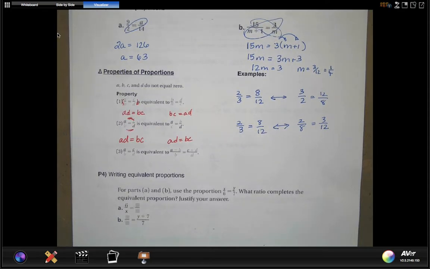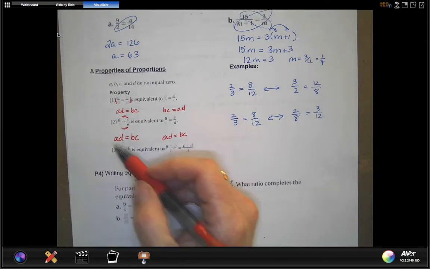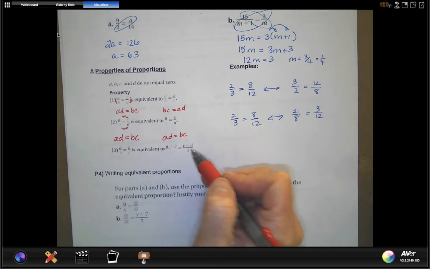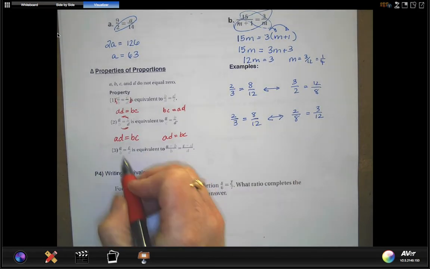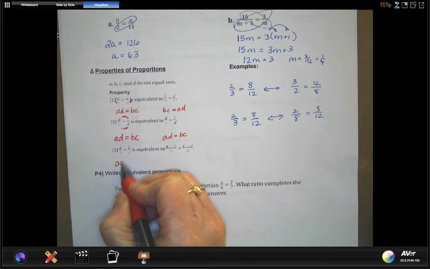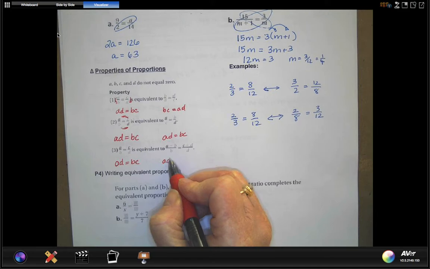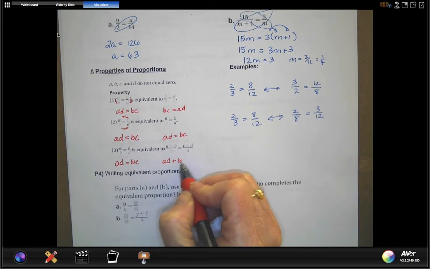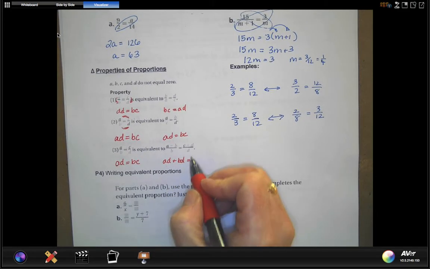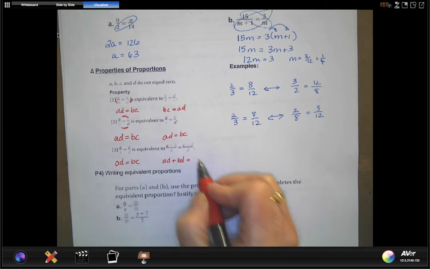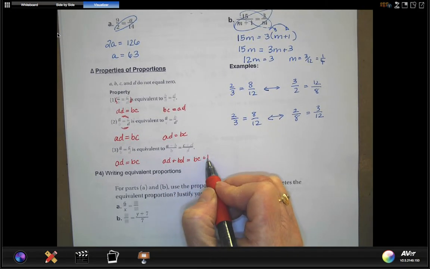All right, this last one here, it says a over b is equal to c over d is equivalent to a plus b over b equals c plus d over d. Again, let's look here. I get a times d is equal to bc. If I cross multiply this way, I get AD plus BD is equal to, so again, when I multiply that, I have to distribute. I get BC plus BD.